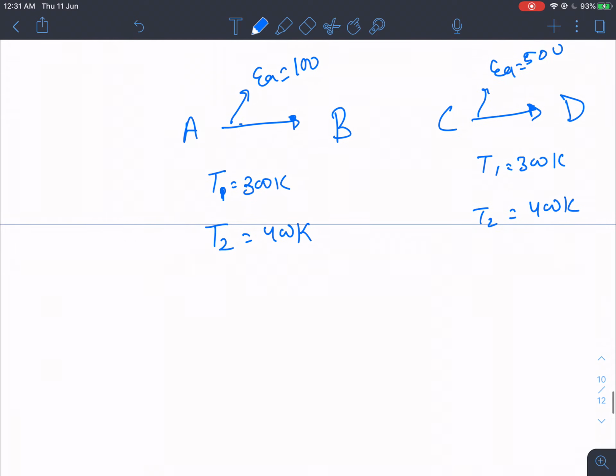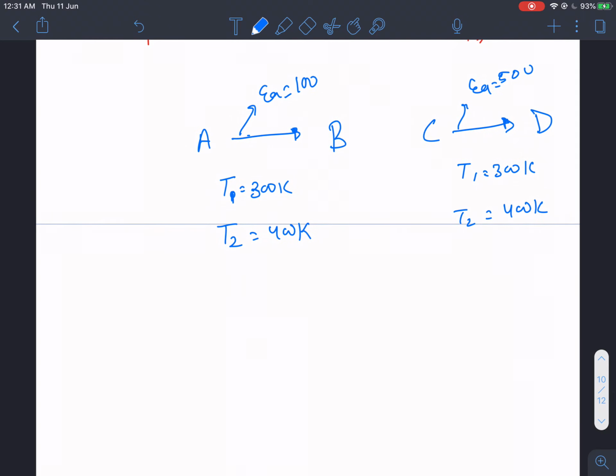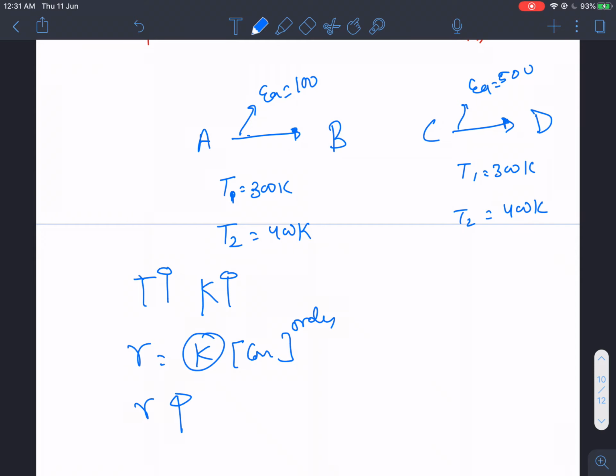Now see, the change in temperature is the same, the activation energy is different. Now if I ask, guys, what do you think, obviously you know that if you increase the temperature, k will increase, and if k increases, you know that R is equal to k into concentration to the power order. So if k increases, then rate will also increase.